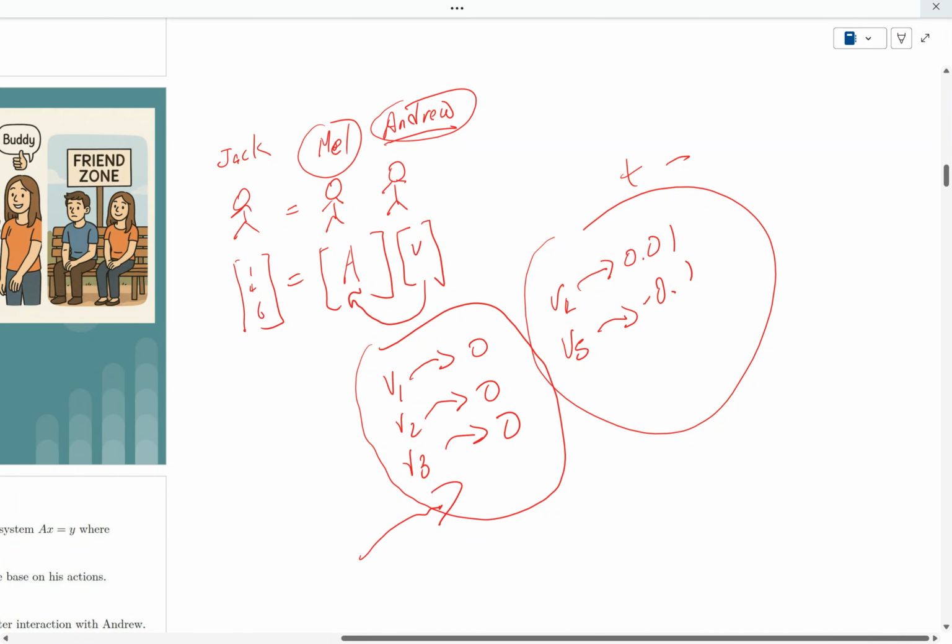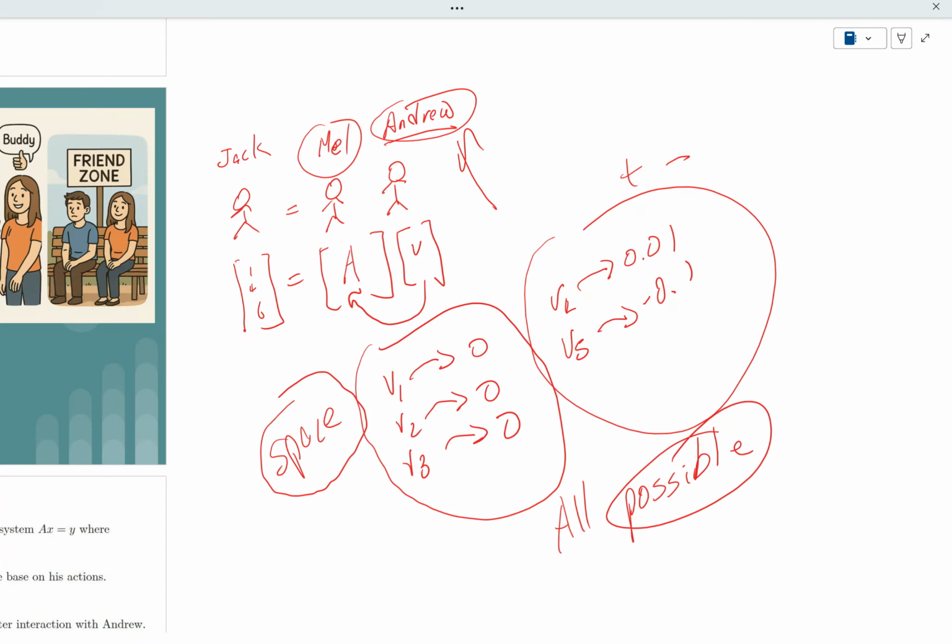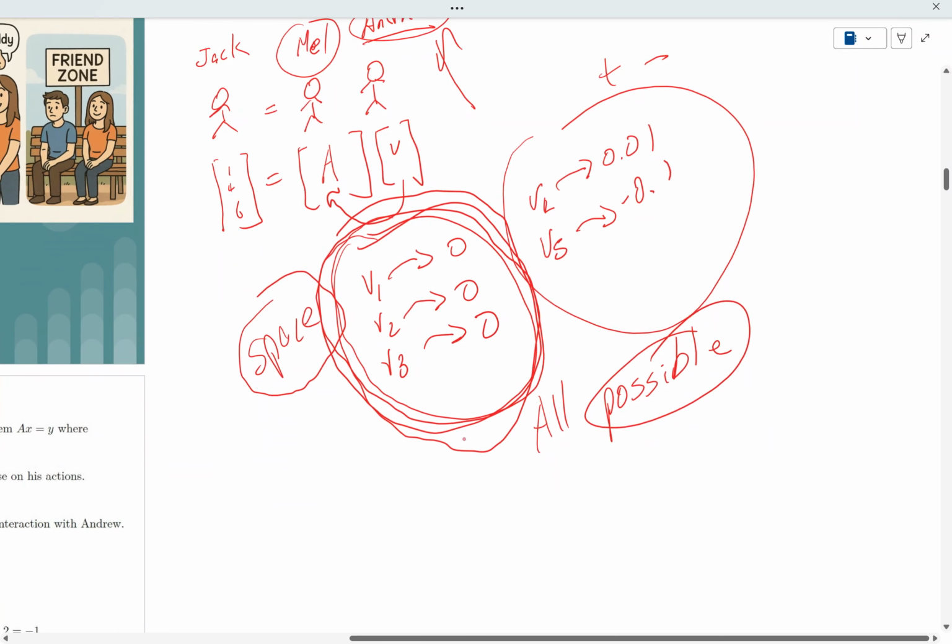And this forms a space, right? This forms a space. And in this space, essentially, are all the possible actions that Andrew can do such that it elicits 0 feelings for Melanie, right? And this right here is the definition for us of the friend zone.